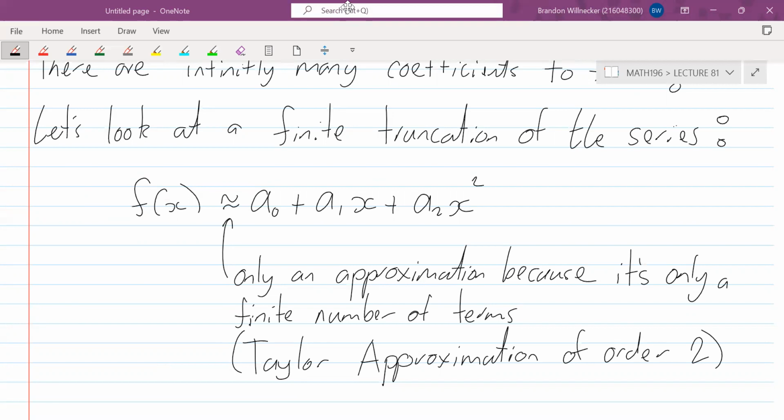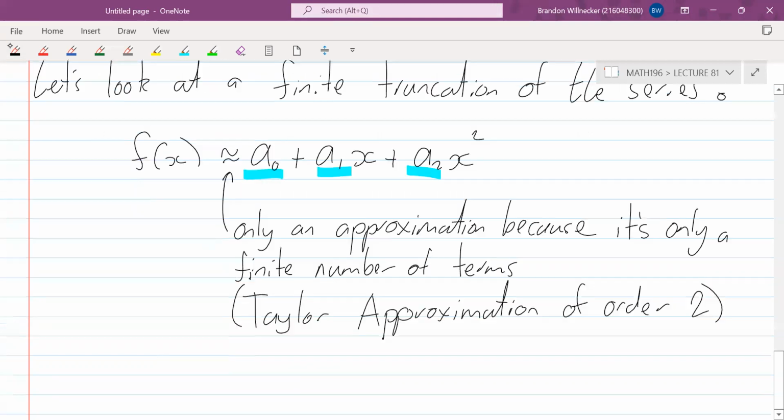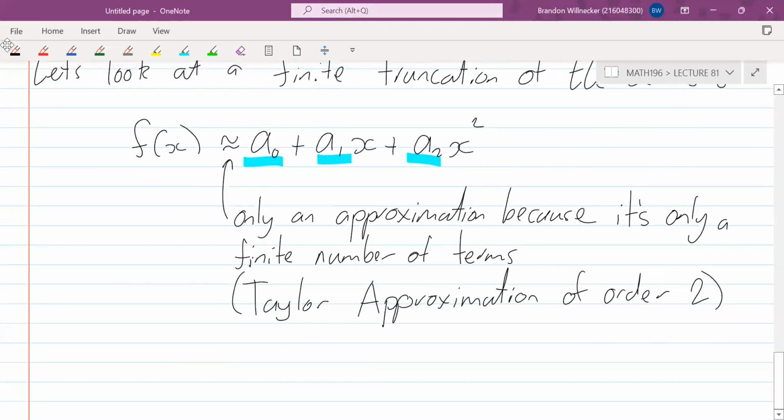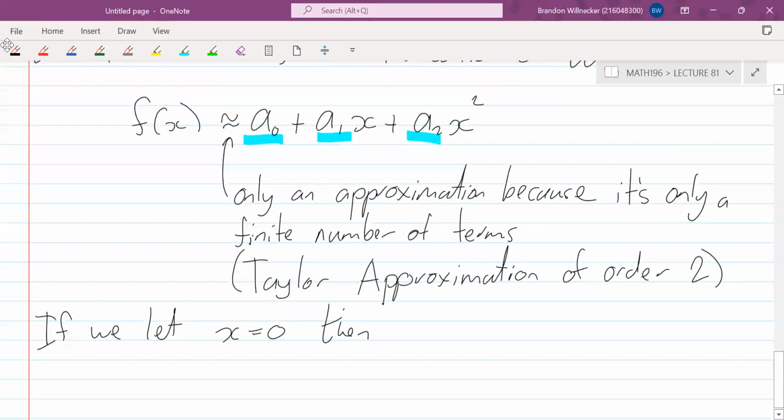Okay, but let's see, how do we find a0, a1, and a2? Well, if we let x equal 0, what do we get? Okay, so I'm going to let x be 0. Then we have that f of 0 is going to be a0. I've just dropped the approximately equals, but remember it is an approximation.